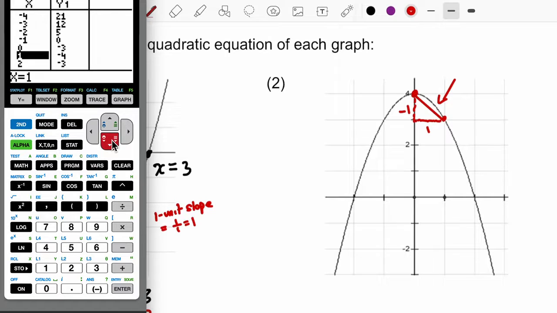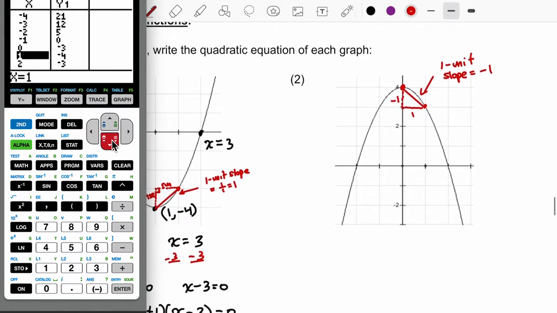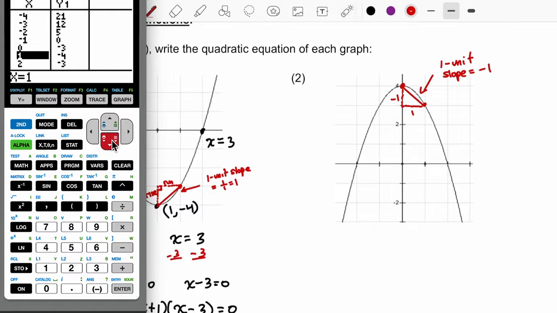So the 1 unit slope is equal to -1. So that's my multiplier for the equation, but I'll hold off on that because I have to address the roots first. X equals -2, x equals +2.